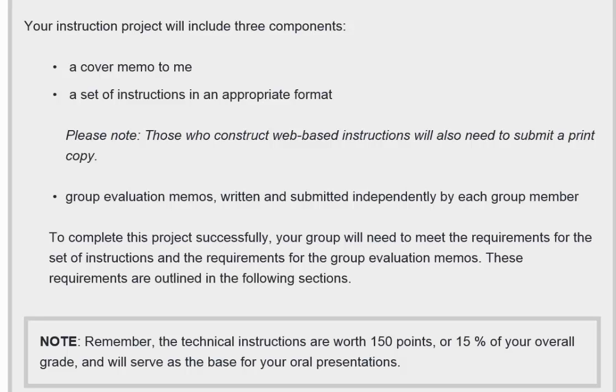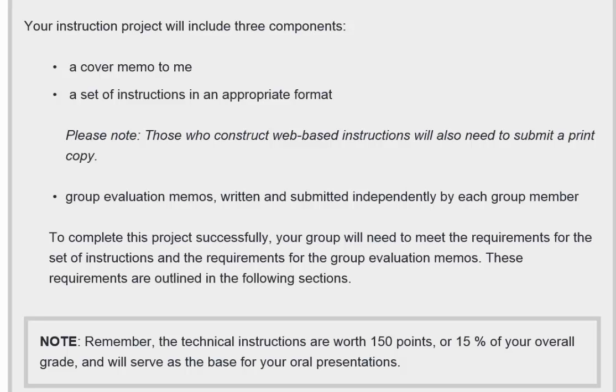Just like all of the major assignments for this class, except for the proposal, your technical instructions should include a cover memo, which you all will write collaboratively, and then, of course, the instructions themselves. And the instructions themselves should be in an appropriate format for what you are writing the instructions about and who your intended audience is.